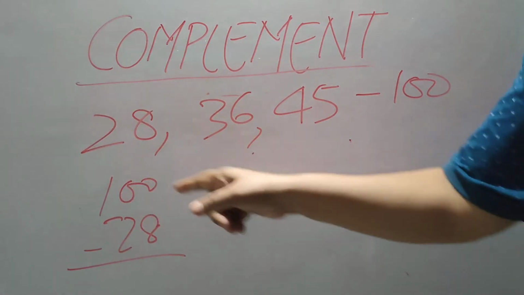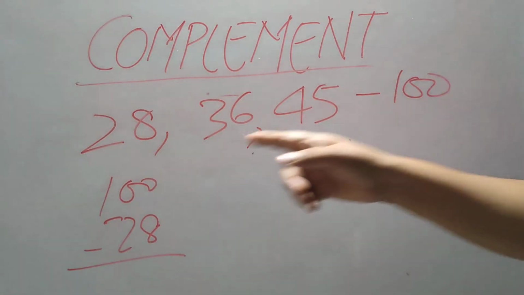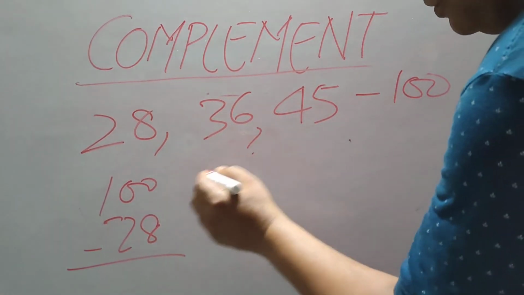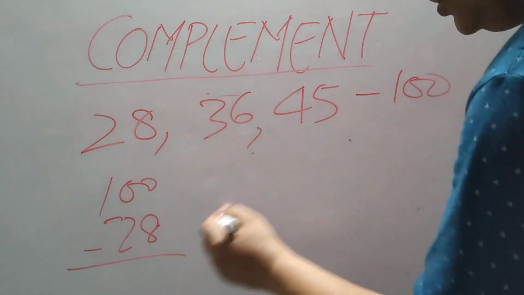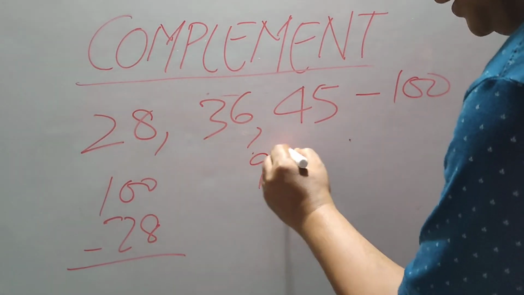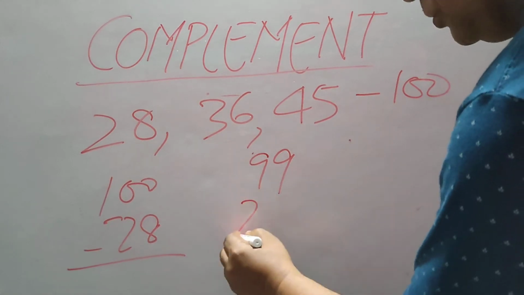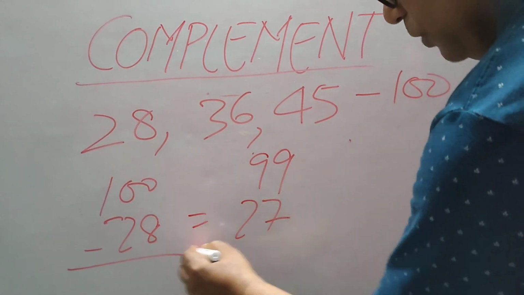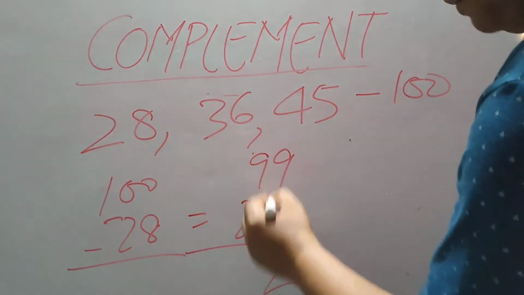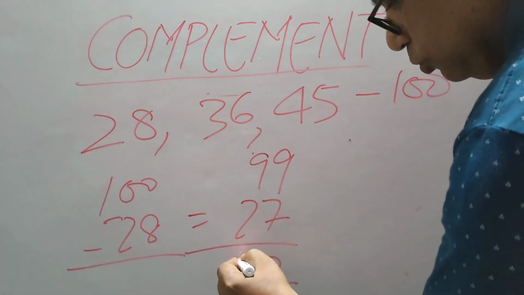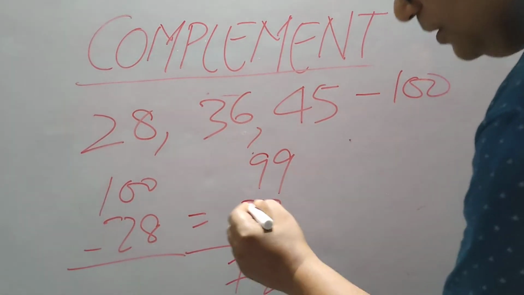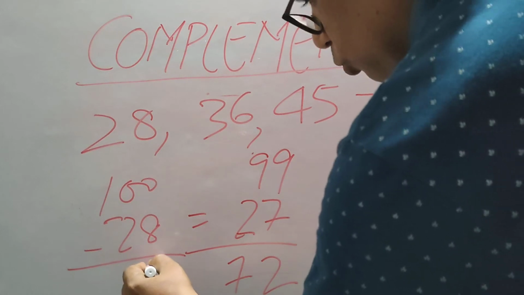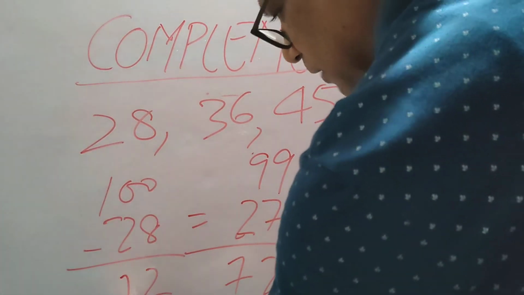Suppose you find it difficult to take the carry or to subtract, then what can you do? You just subtract 1 from both these numbers. So 100 minus 1 is 99 and 28 minus 1 is equal to 27. So you can now easily subtract: 9 minus 7 is 2, 9 minus 2 is equal to 7. You can see 10 minus 8 is equal to 2 and 9 minus 2 is equal to 7.